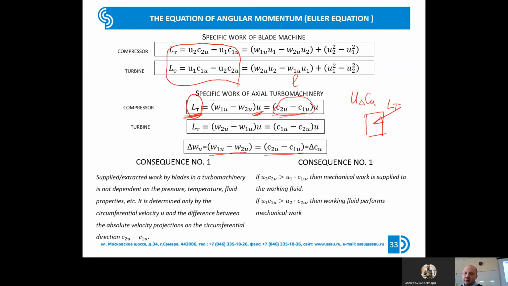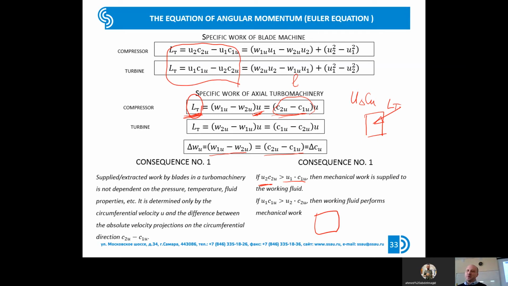The next conclusion is a strange conclusion, but sometimes you could use it, especially students. Let's imagine you have a black box and you don't know what is inside, but you know the relationship between these two values. It's a really strange situation when you don't know what it is, but you know the circumferential velocity and the circumferential projection of absolute velocity.